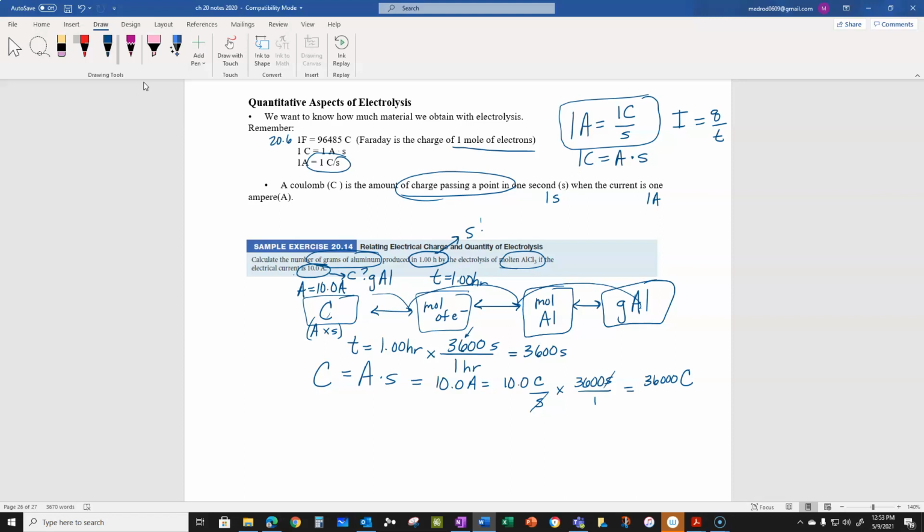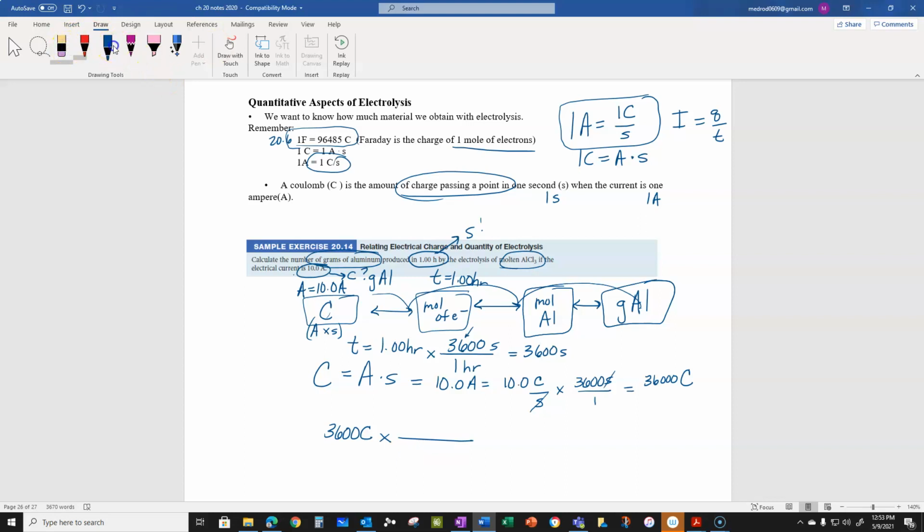And now let's go to the grams. So coulombs, at 3,600 coulombs. And there's where Mr. Faraday comes in. Okay? Remember a coulomb, right there, is a mole of electrons. So that 36, sorry, not 36.